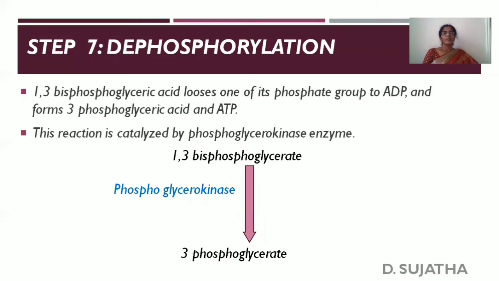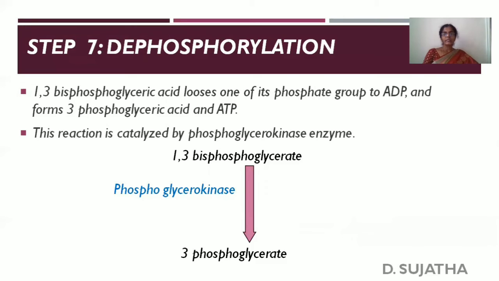So here the 1,3-bisphosphoglyceric acid converts into 3-phosphoglyceric acid. In the previous 1,3-bisphosphoglyceric acid, there are phosphate groups on the first carbon and third carbon, but it loses the phosphate on the first carbon.